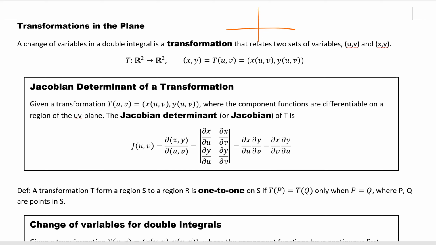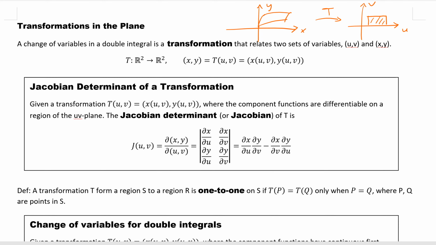Suppose we have the XY plane and we have some region there, and then we want to use the transformation T. Now our new set of variables is U and V. This is a region, and through this transformation we want to get it mapped to a rectangle.